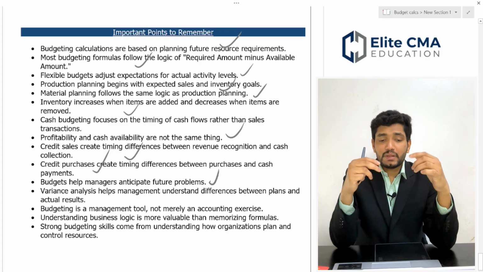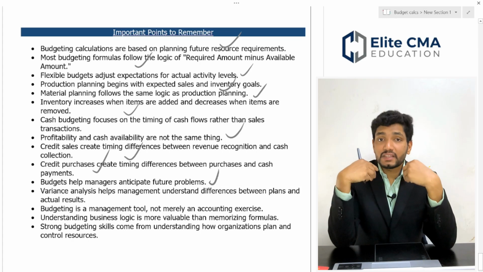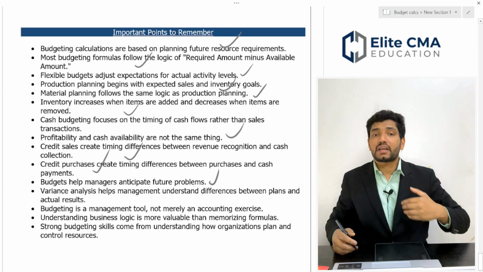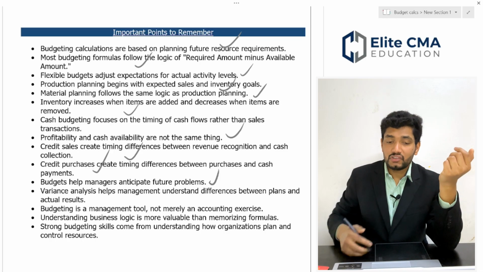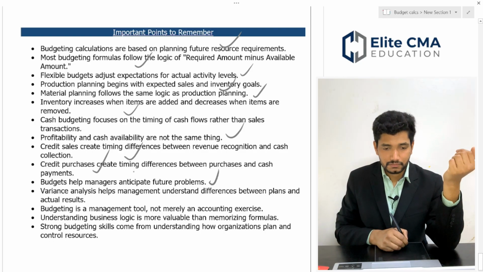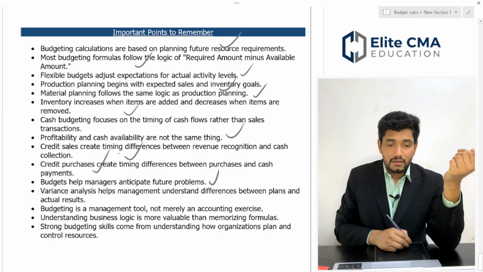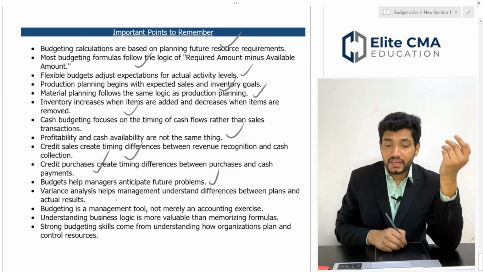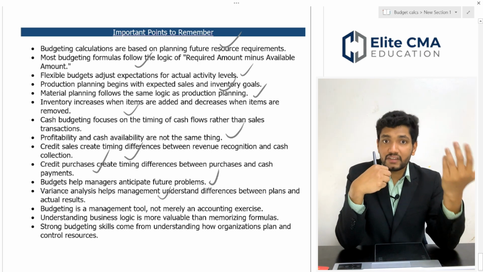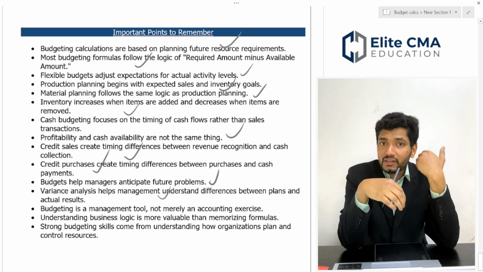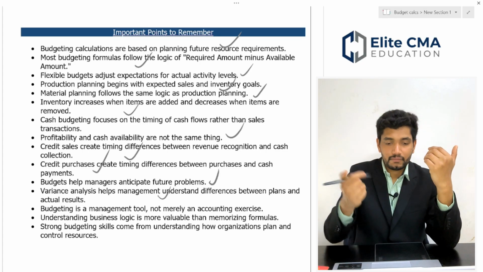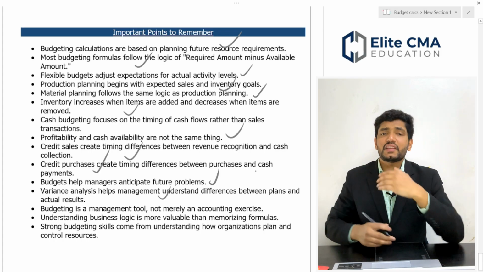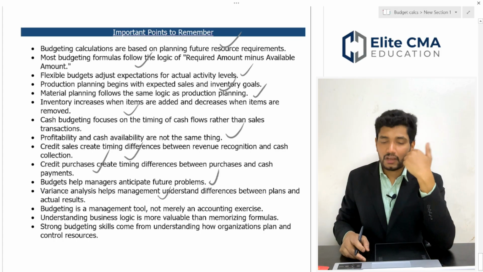Again, a budget helps the management anticipate future problems and become more proactive instead of reactive. Budget variance analysis helps the management understand the difference between planned and actual results. What is variance analysis? It is trying to understand the difference between our expectation and the actual results. Again, budgeting is a management tool, not an accounting exercise.